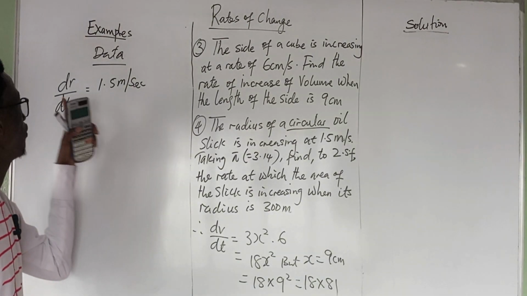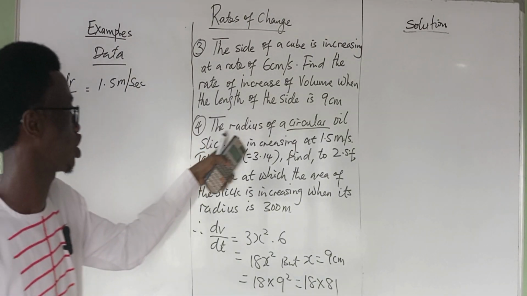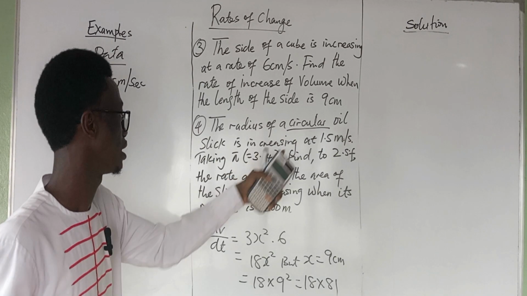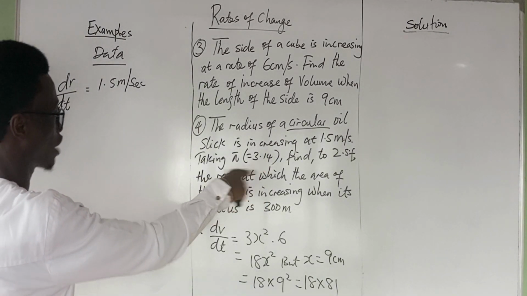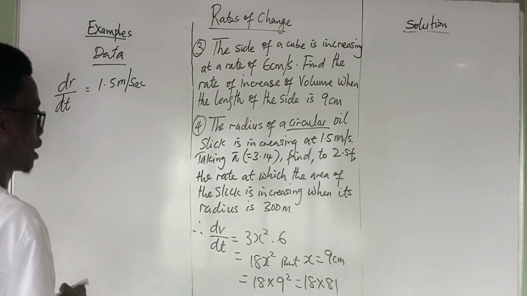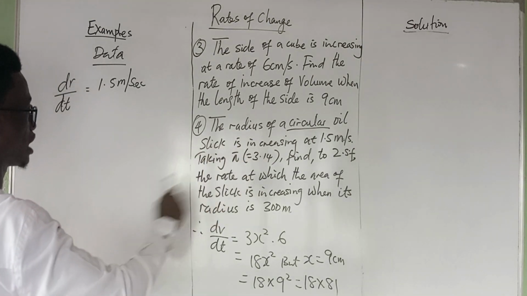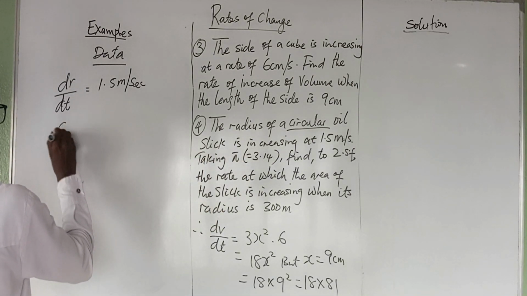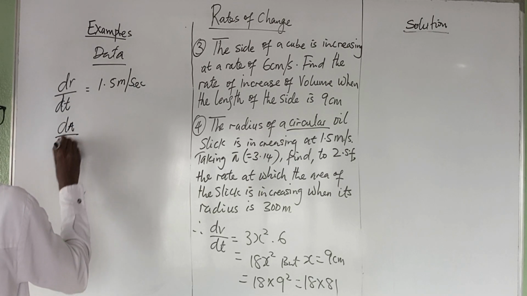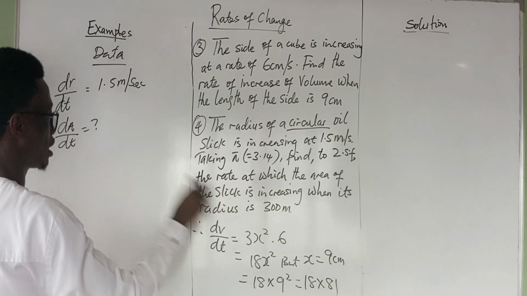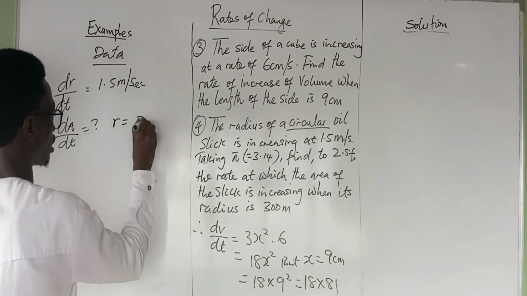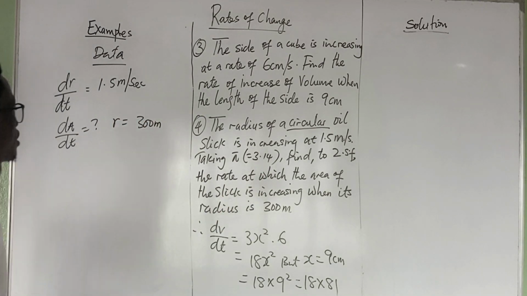We have dr over dt because we are talking of the radius of a circle increasing at that rate. Now we are asked to find the rate at which the area is increasing, meaning dA over dt, which we don't know, when the radius r is 300 meters.